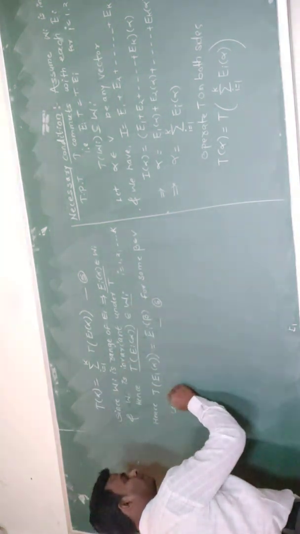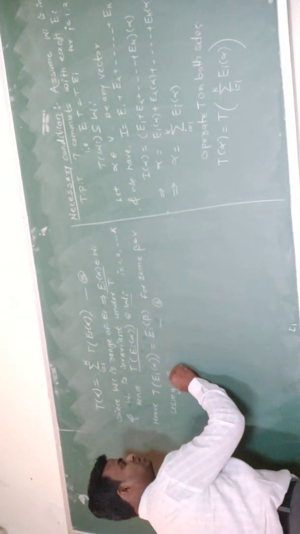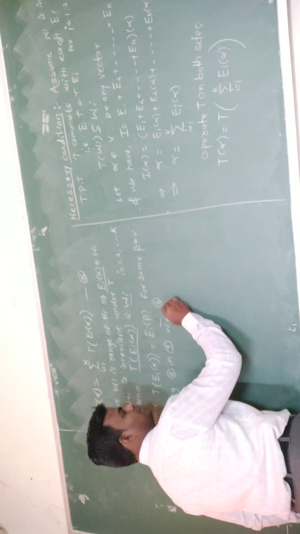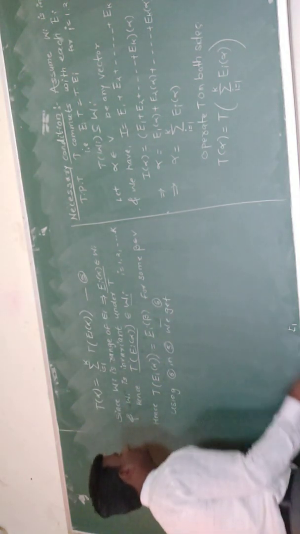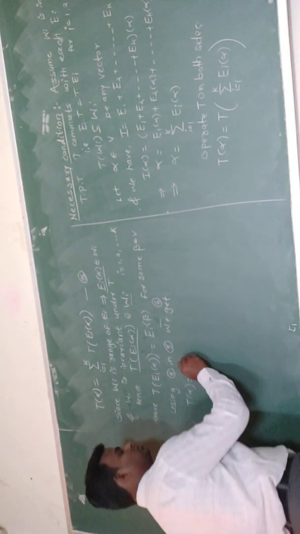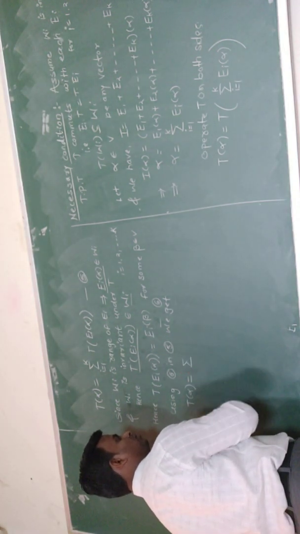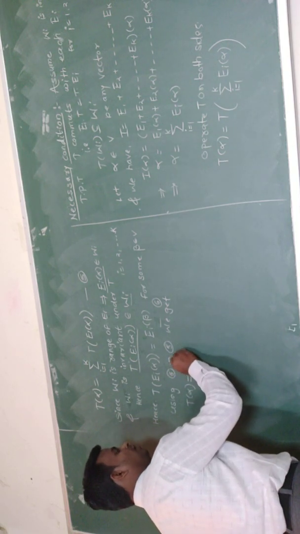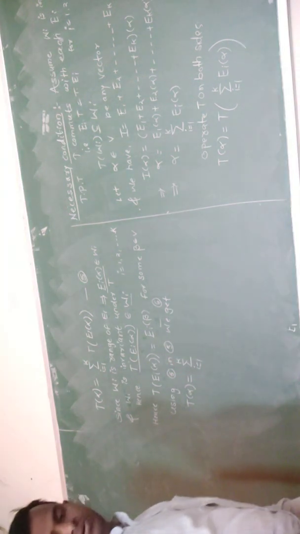Using 6 in 5, we get, okay, what we get? T of alpha is equal to summation i equal to 1 to k of E_i of beta.